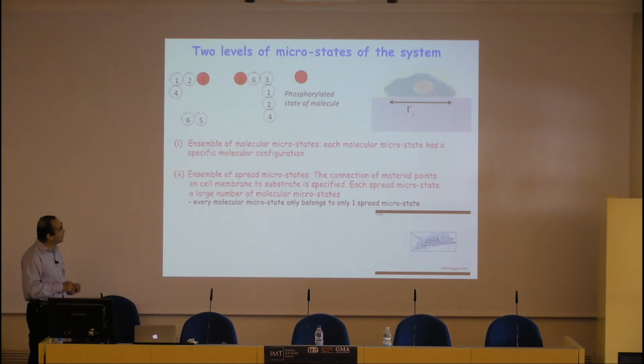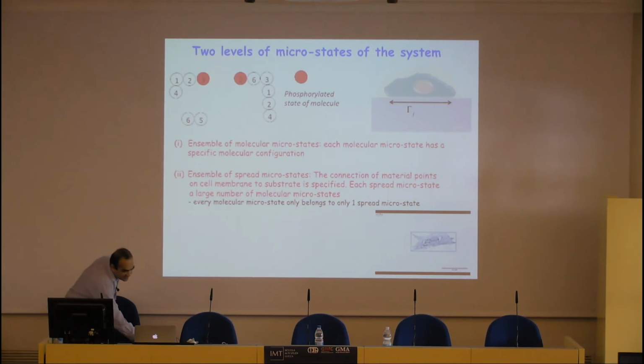Okay, so that's it. In this particular experiment, each of these little fluctuations that you're seeing is one different spread microstate. And of course, every molecular microstate can only belong to one spread microstate.